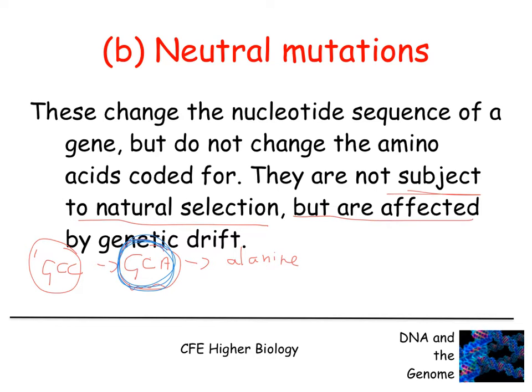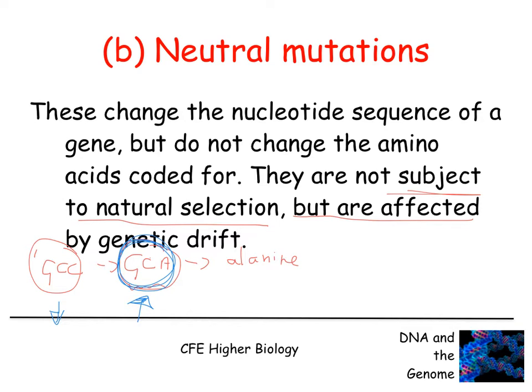And so you end up with an increase of these here and a decrease of this here. So you get this subtle change that's taken place in the gene pool over a period of time because of genetic drift. So that is what they mean by neutral mutations being affected by genetic drift.